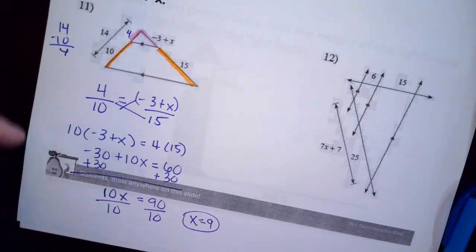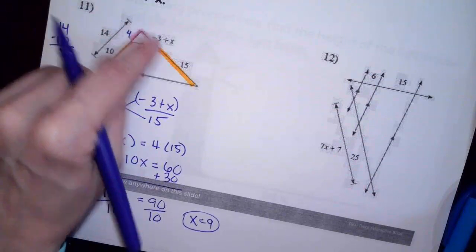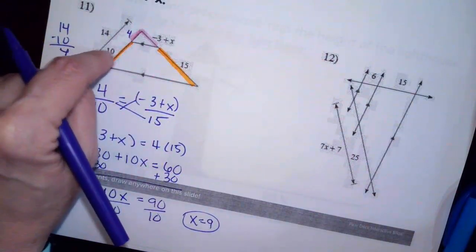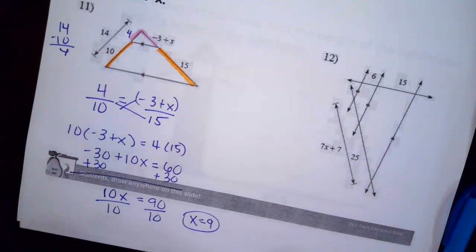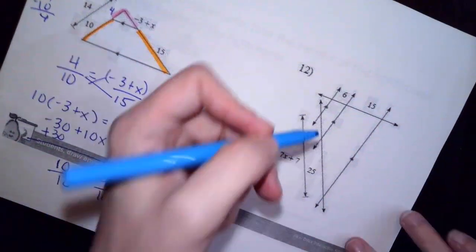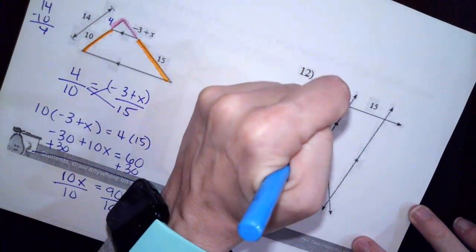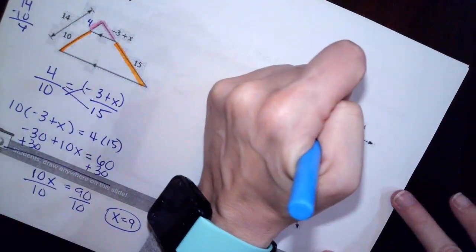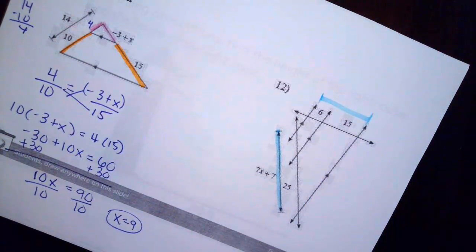Alright, so again, I could have done the whole thing over the bottom here. It was easy enough to subtract 14 minus 10 to give me the top pink piece there, which was 4. Alright, let's see here. Oh, same type of thing on this one. My unknown is part of the whole thing there, so I got to come up with what the whole thing is there.